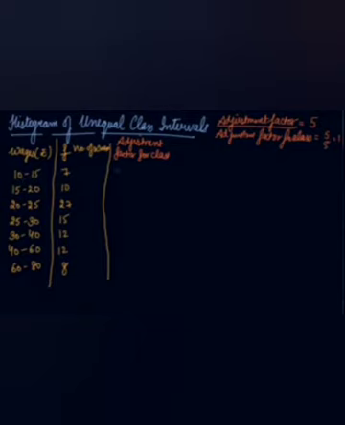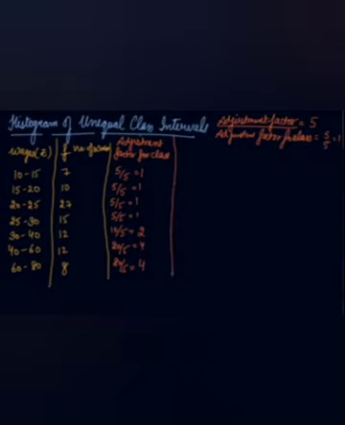Here the class height is 5 and the adjustment factor is 5, so 1. Again 5 divided by 5 is 1, 5 divided by 5 is 1, 5 divided by 5 is 1. Here the class height is 10, the difference is 10, and the adjustment factor is 5, because we take the adjustment factor of the smallest interval. Then 10 divided by 5 is 2. Then 20 divided by 5, here the difference is 20, that is 4. Then again 20 divided by 5, it is 4. In this way we find the adjustment factor of each class.